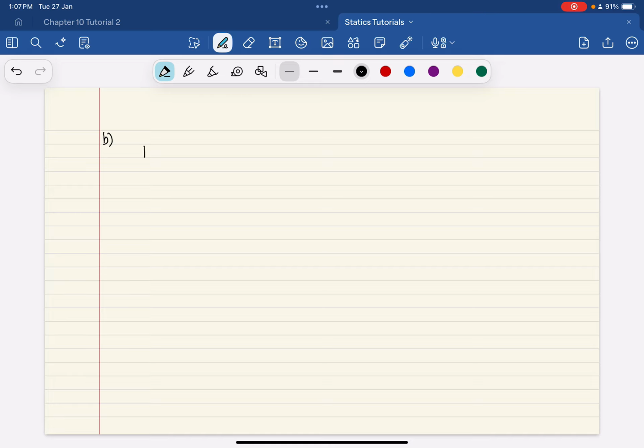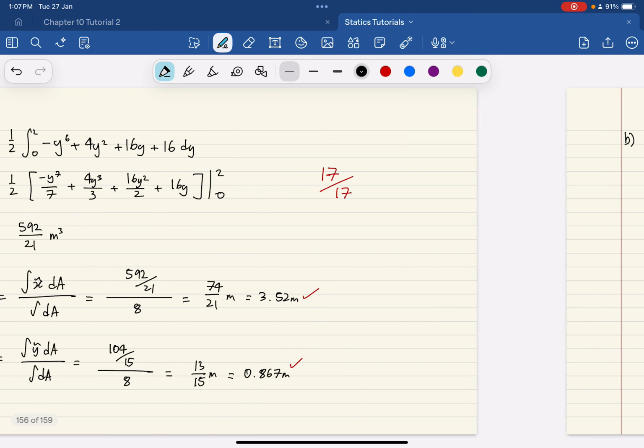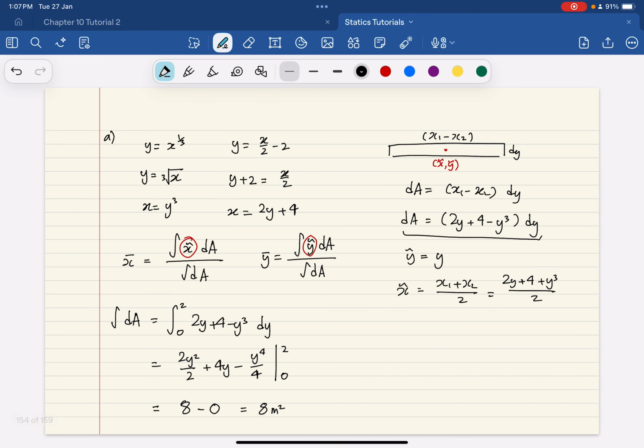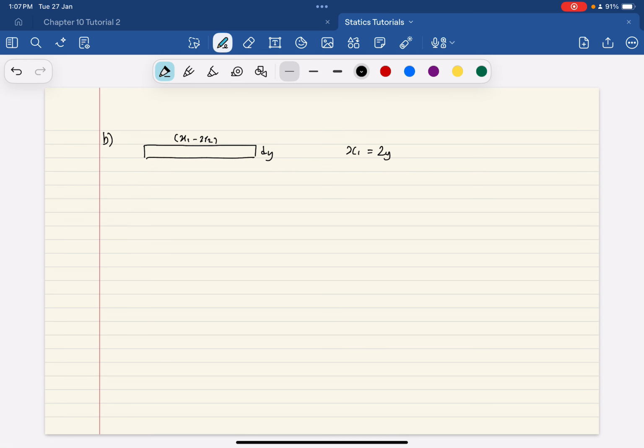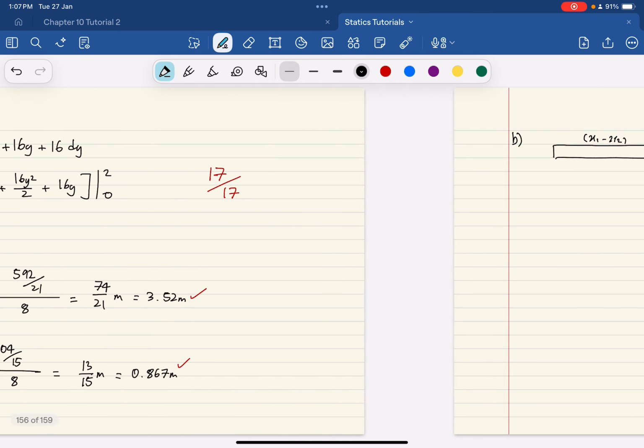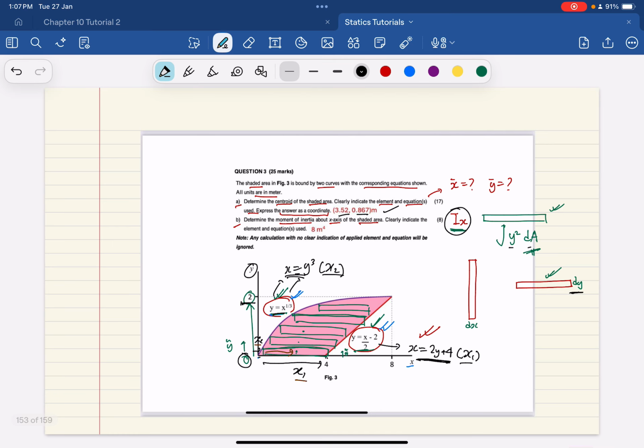This is our dy, x1 minus x2, right? x1 already we figured out is 2y plus 4. Yes, so it's 2y plus 4. x2 is y cubed.